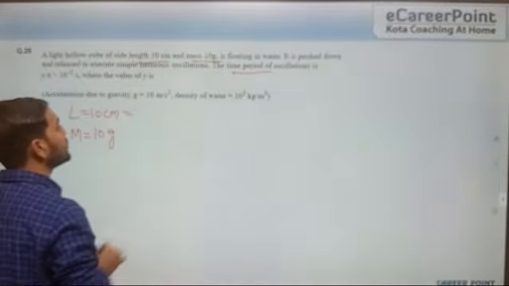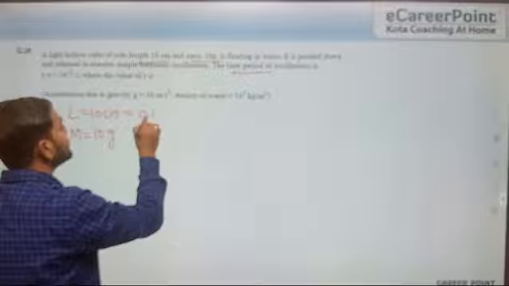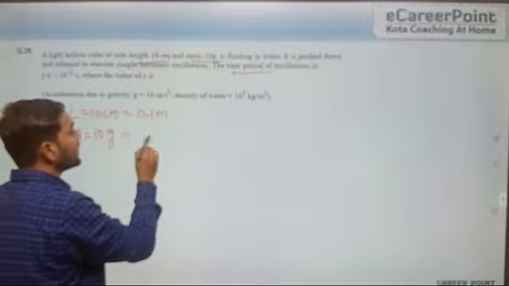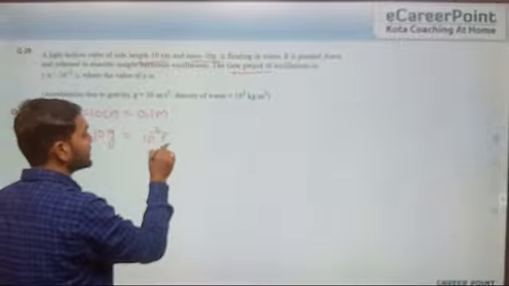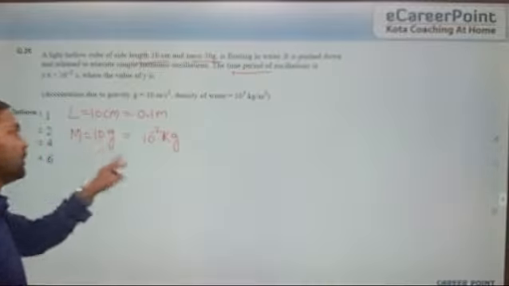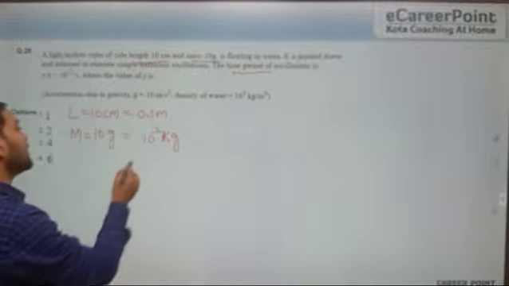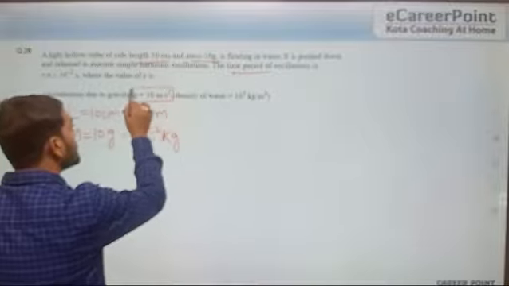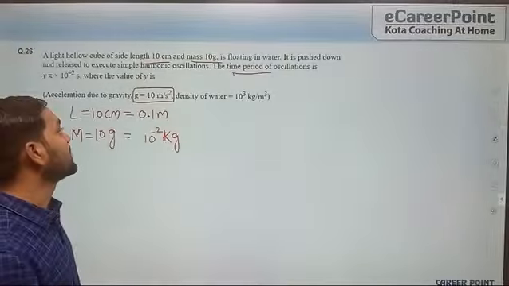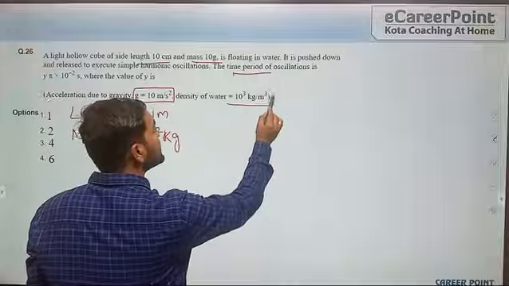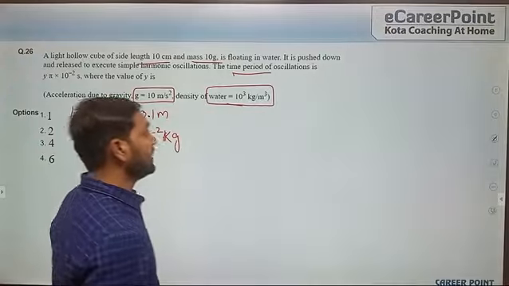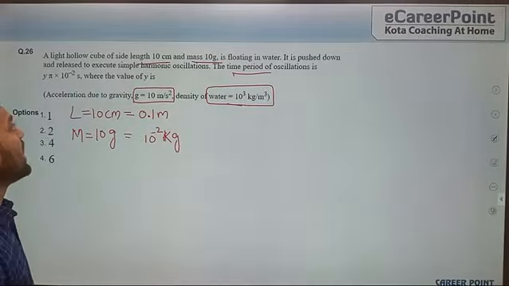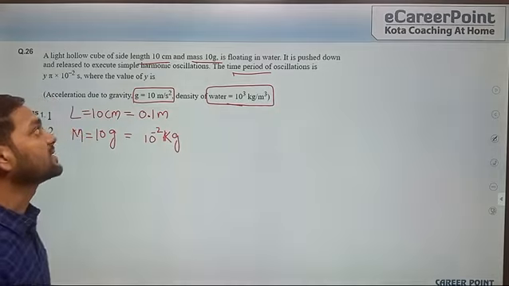So 10 centimeters is equal to 0.1 meter, and 10 grams is equal to 10 into 10 to the power minus 3, that is 10 to the power minus 2 kg. Given that the acceleration due to gravity is 10 meter per second square, and the density of water is 10 to the power 3 kg per meter cube.